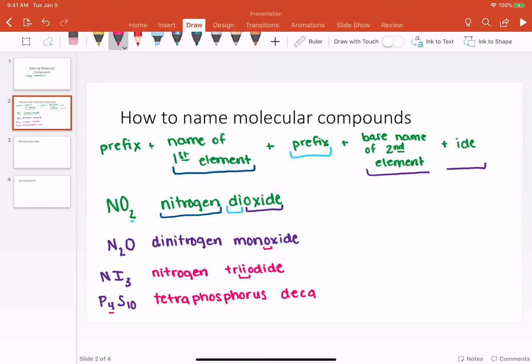Deca is the prefix for 10, and then we have sulfide. And then notice that when you are spelling phosphorus, when you're spelling the element name, it's just US. OUS is for something entirely different. So this is an example of where spelling does matter.